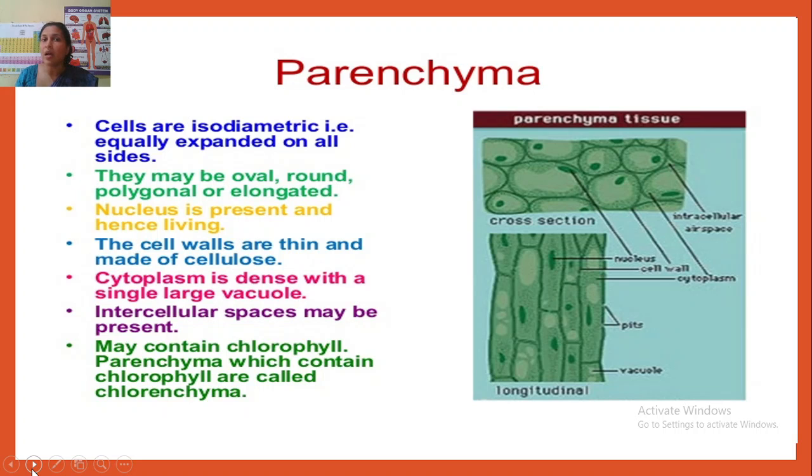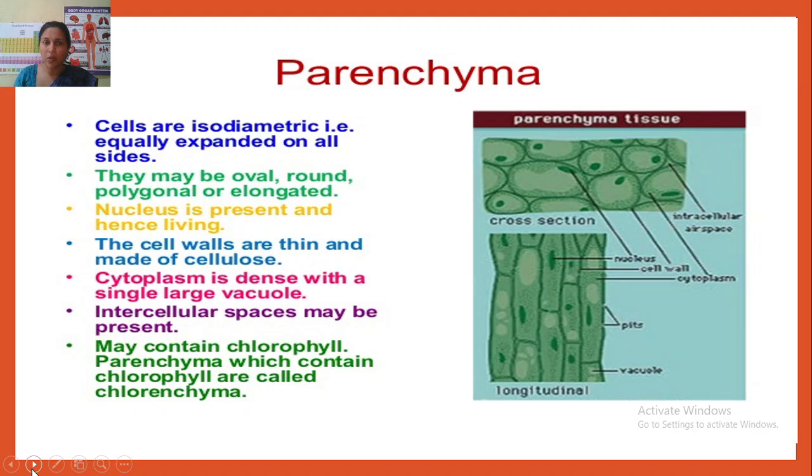What is the meaning of isodiametric? Their sides are equally expanded. Also, if we look inside the cells, we can see the nucleus, so that means they are living cells.